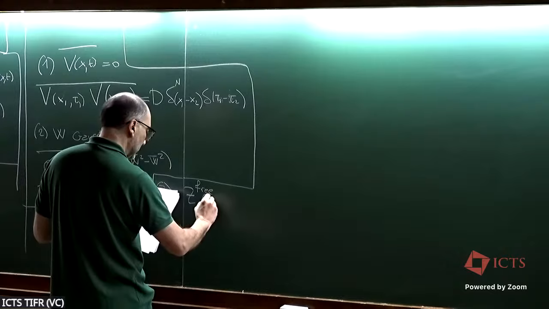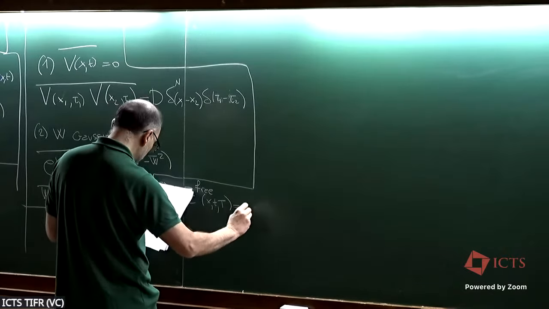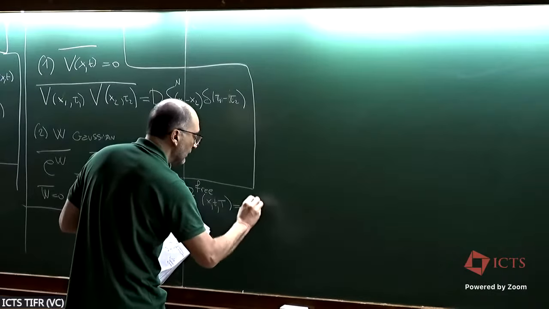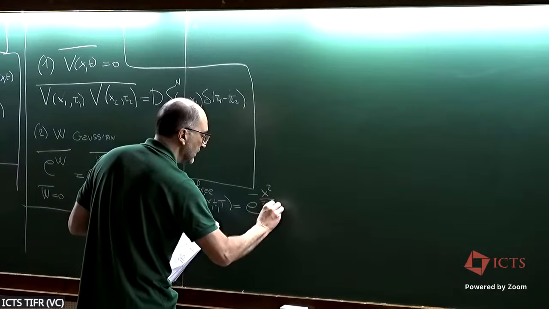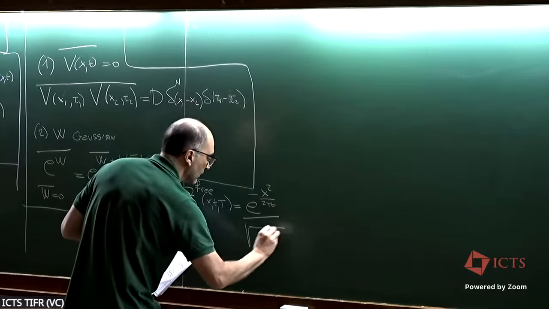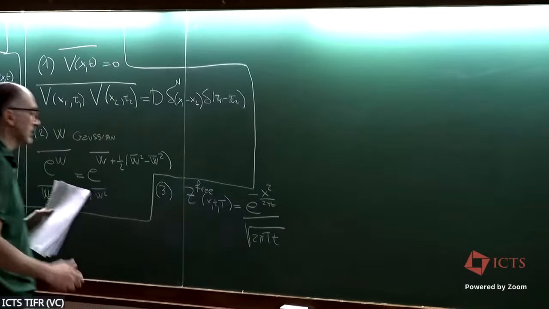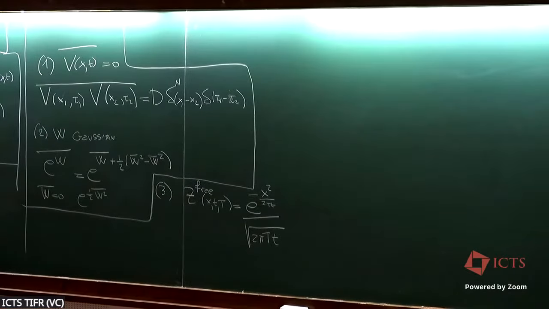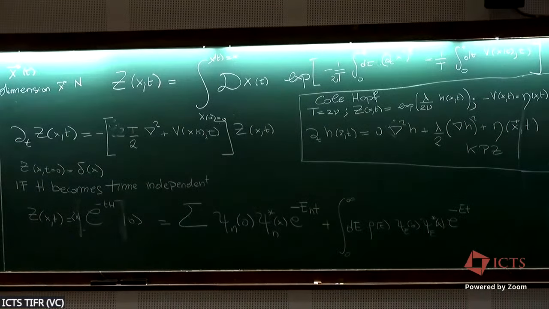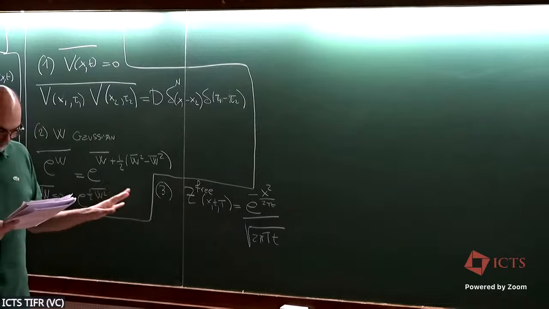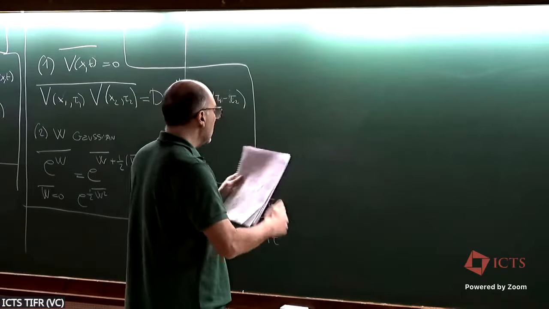So when I have the temperature T, it is exponential of minus x squared divided by 2t, over the square root of 2 pi t. So if we put V equal to 0 and you solve this equation, this is what you get. Okay.